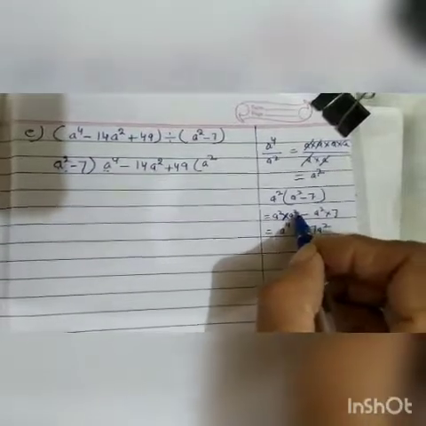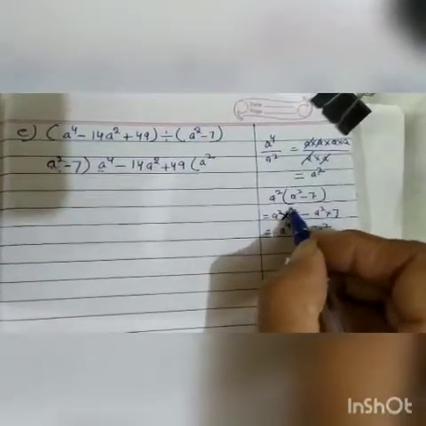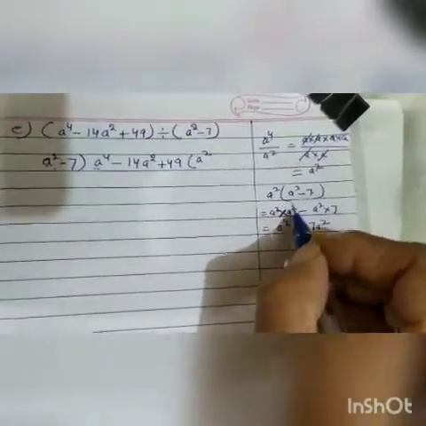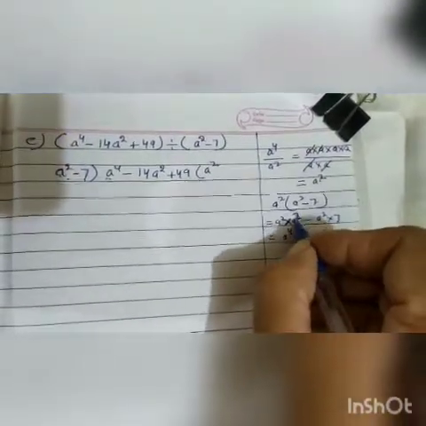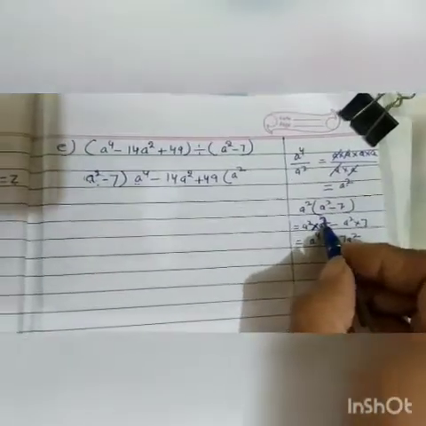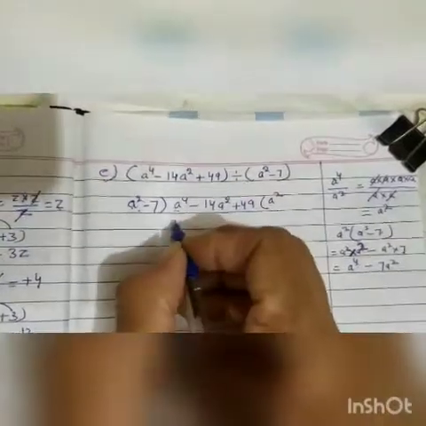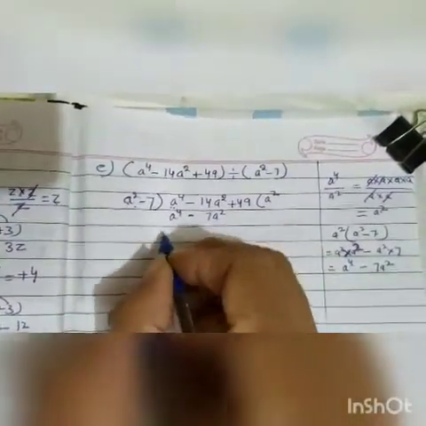This 2 plus 2 is 4. We are not multiplying these powers. If it is a square and a cube, a power 3, then it will be 2 plus 3, 5, not 2 times 3, 6. So do not be confused. Powers are added, not multiplied. So a power 4 minus 7a square. We will write here a power 4 minus 7a square.